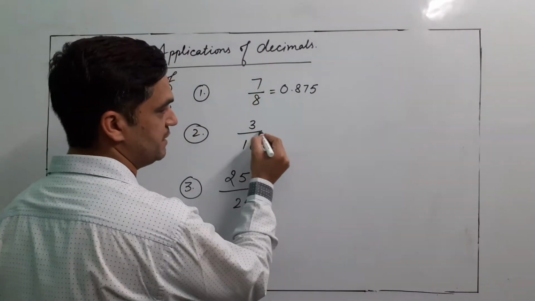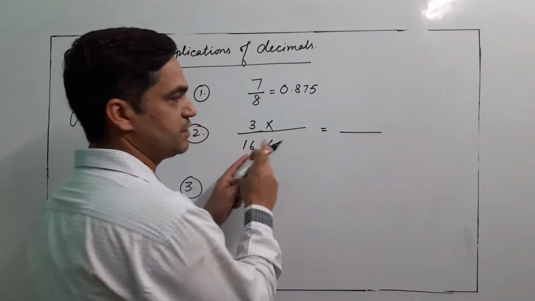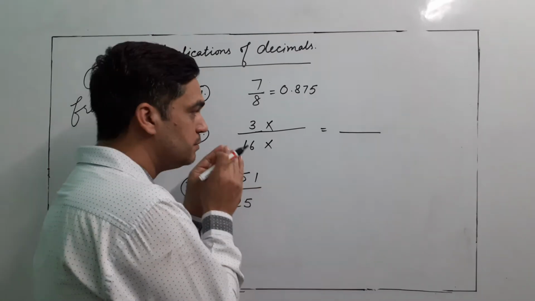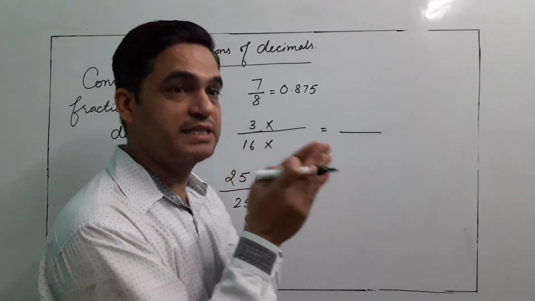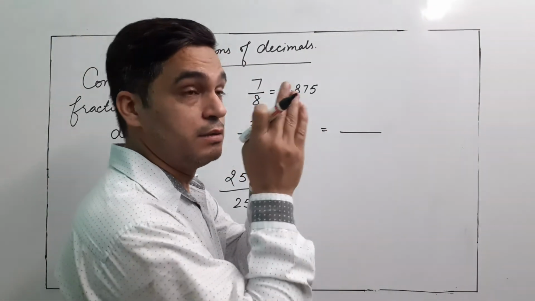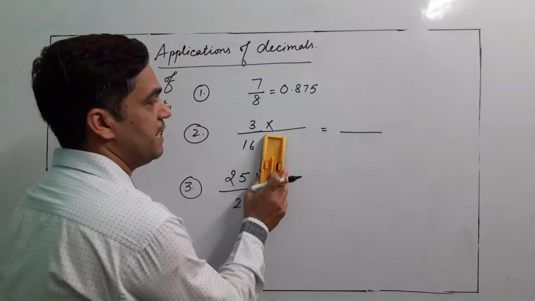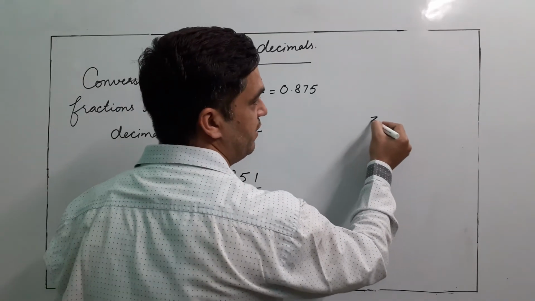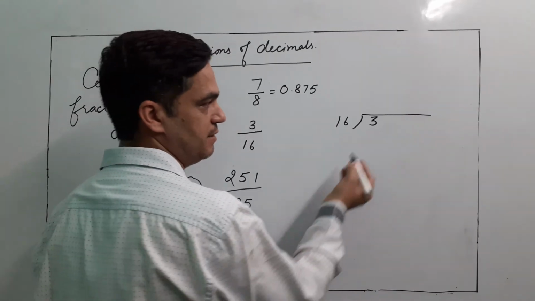If you convert this 3 by 16 by multiplying, 16 does not have a multiple of 10. If you count the multiples of 16, 10 is not there, 100 is not there, 1000 is not there, 10,000 is there. So it will take much time. That's why I am saying, why should we not divide the numerator by denominator? This one is, I think, easiest.